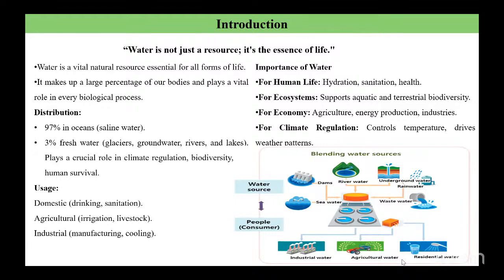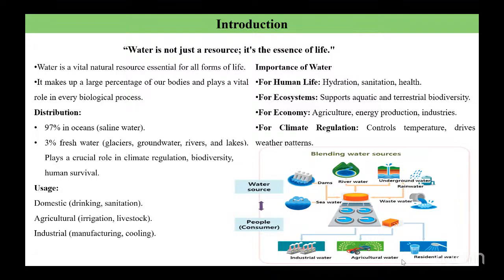So if 97% of all water on the globe is in the oceans, only 3% is fresh water. Among this 3%, a major amount is again in the glaciers. A major amount of fresh water is trapped in the glaciers, underground, rivers and lakes. So this water plays a major role in climate regulation as well, and in biodiversity and human survival.